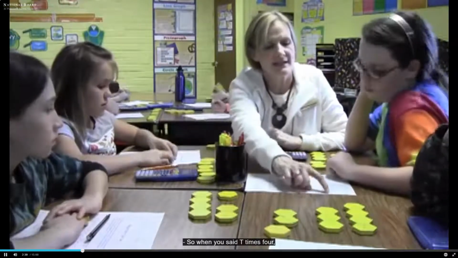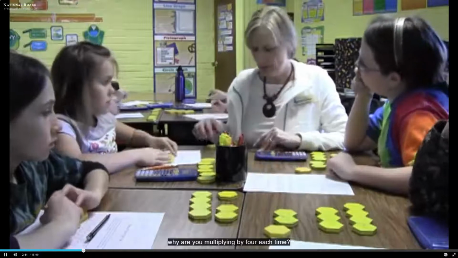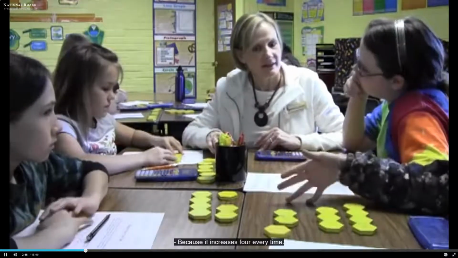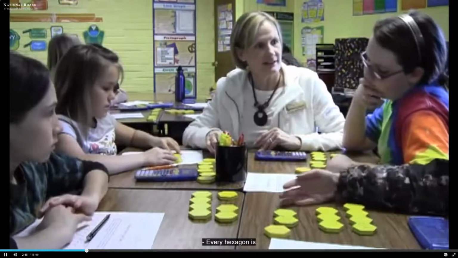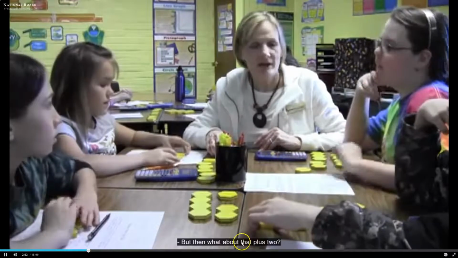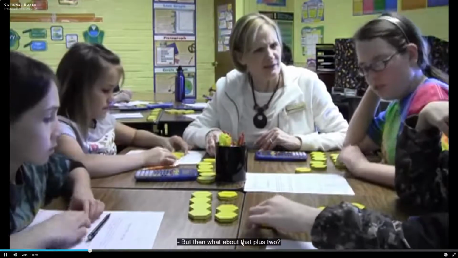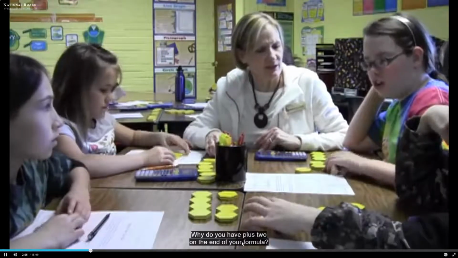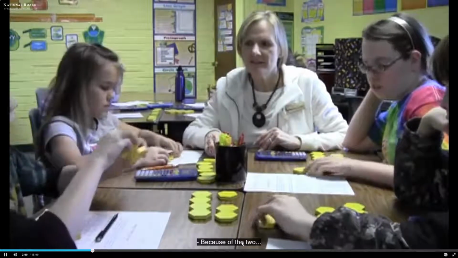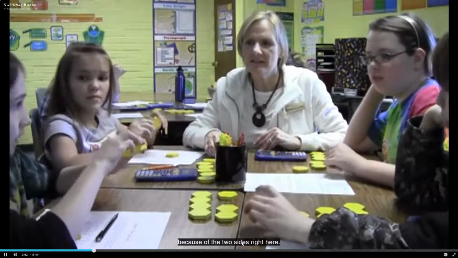So when you said T times 4, why are you multiplying by 4 each time? Because it increases 4 every time. Every hexagon is adding how many to the perimeter? 4. But then what about that plus 2? Why do you have plus 2 on the end of your formula? Because of the 2 sides right here.